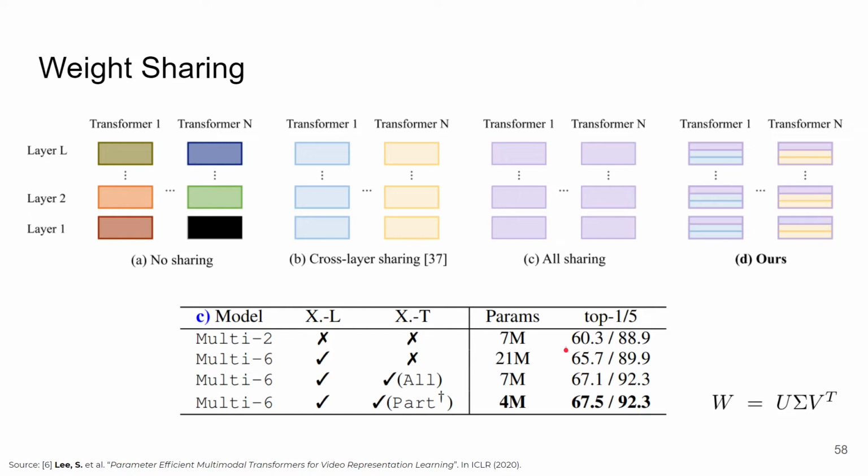So from 21 million parameters, we have gone down to 75% accuracy. And now when sharing with this matrix decomposition approach, they end up having only 4 million parameters and the best results so far. So this is going to help a lot, and most transformers nowadays are sharing parameters.